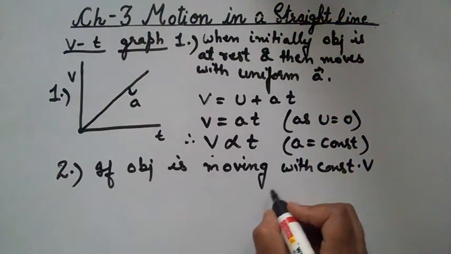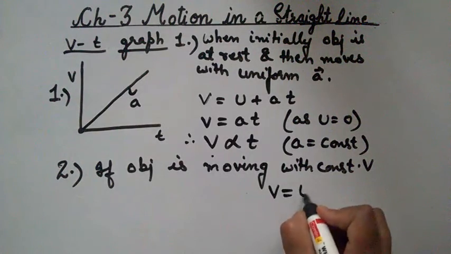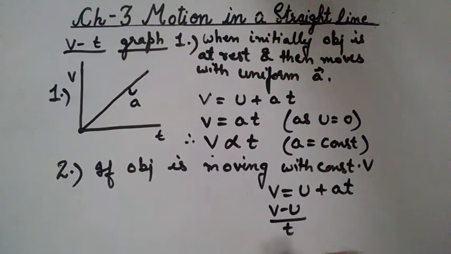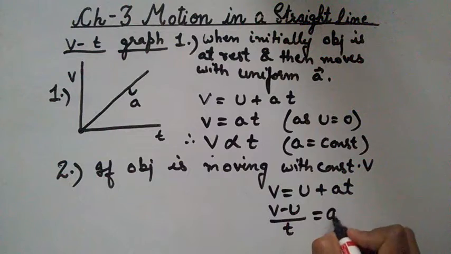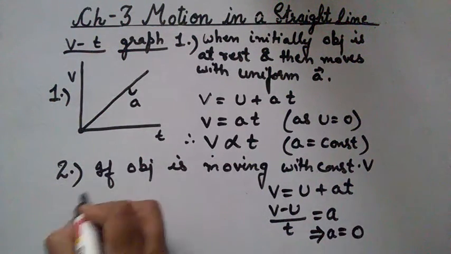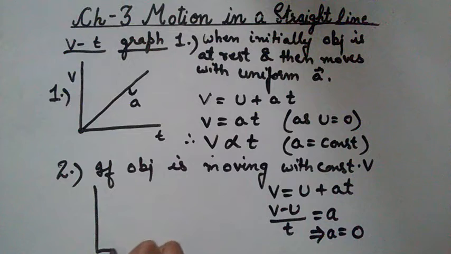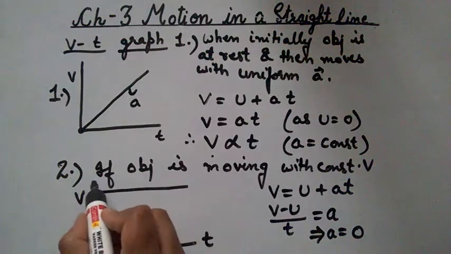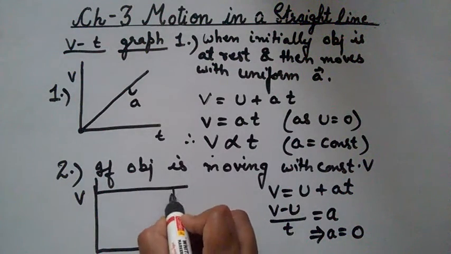Thus we can say that by first equation of motion, v is equivalent to u plus at, and change in velocity by change in time gives acceleration. Here the velocity is not changing, thus acceleration is 0. By this we can draw Vt curve which is parallel to x-axis. Acceleration is 0.